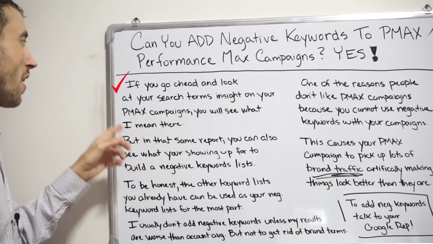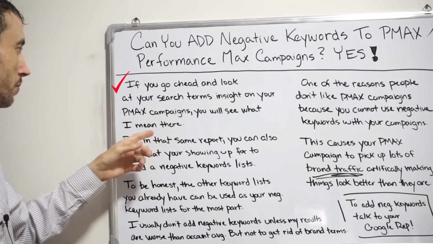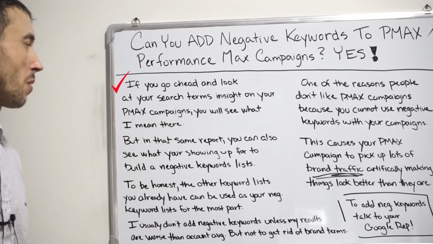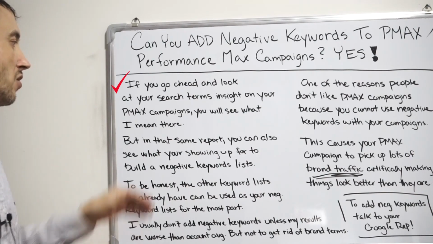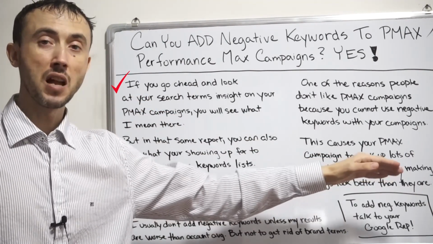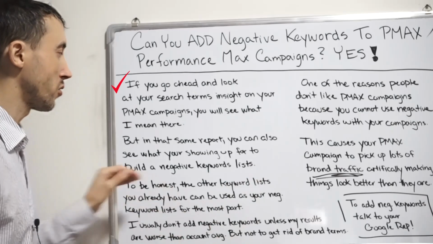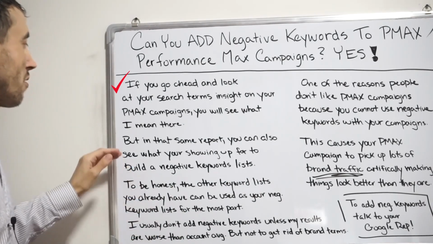And then within there, you'll see specifically what people are typing in, so that you can see that PMAX picks up a lot of brand searches, but while you're in there, you can also see what else it picks up in general.